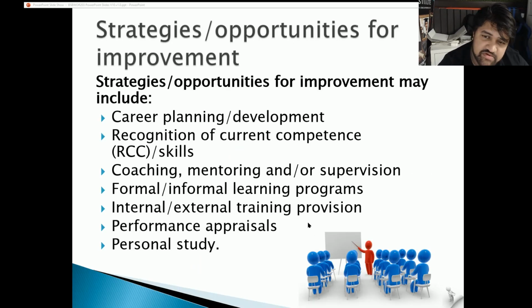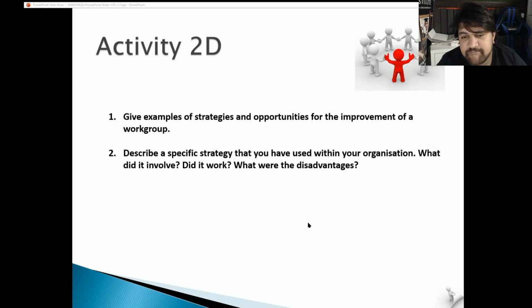So strategies for improvement could be career planning and development, recognition of current competence or upskilling, coaching, mentoring, or being supervised, taking under their wing, formal or informal learning programs, having them conduct internal or external training provisions, being involved in performance appraisals, or encouraging personal study within the team members.